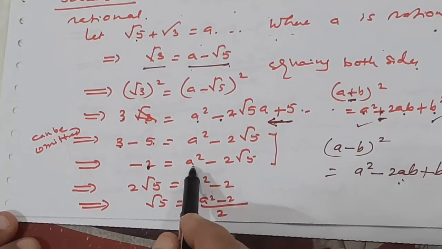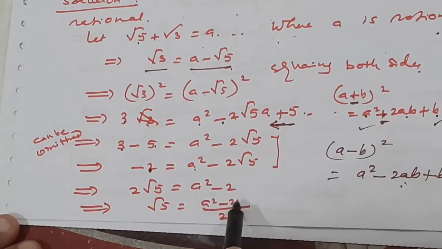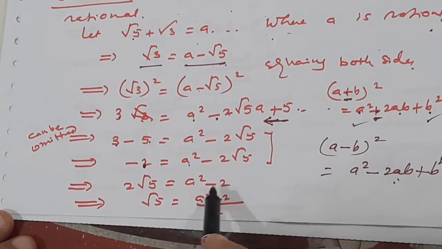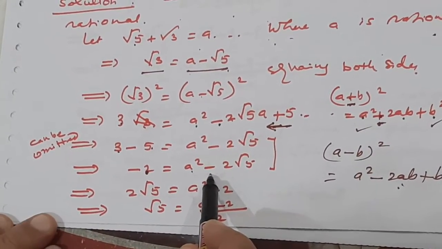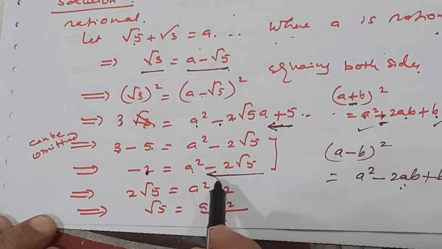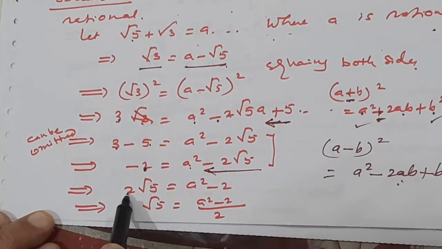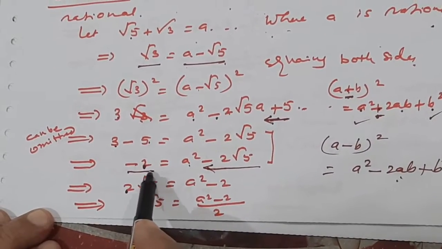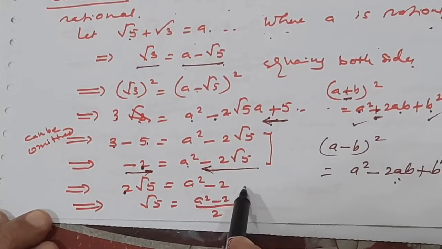And right hand side is a square minus 2 root 5 a. And again what I have done? I have arranged the terms. Now how to arrange the terms? This minus 2 root 5 a I have taken to the left hand side. That becomes 2 root 5 a. And minus 2 I have taken to the right hand side.